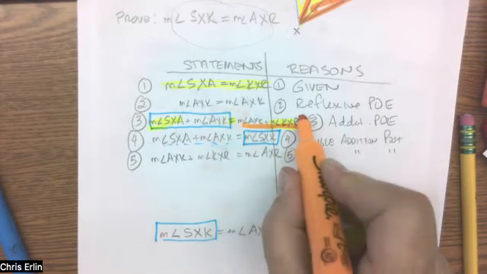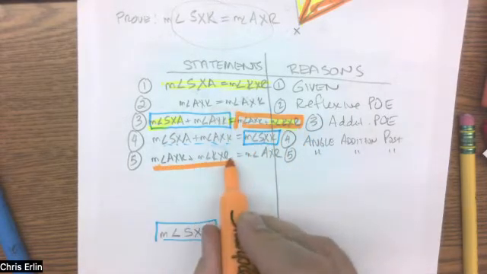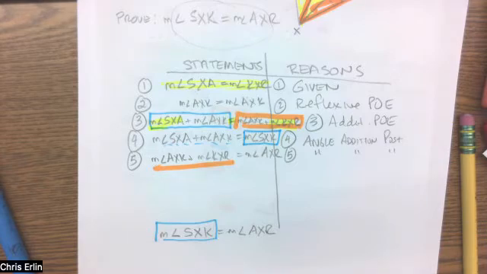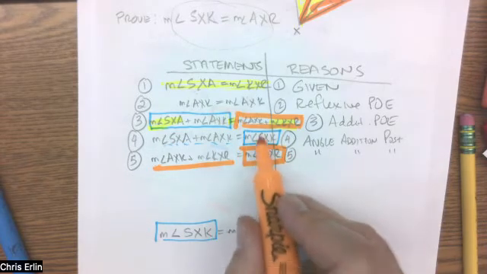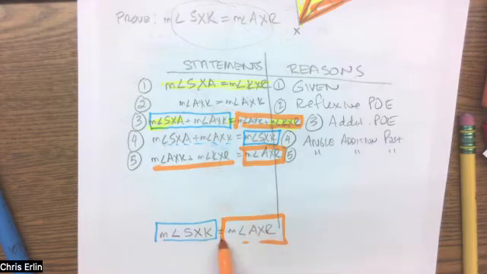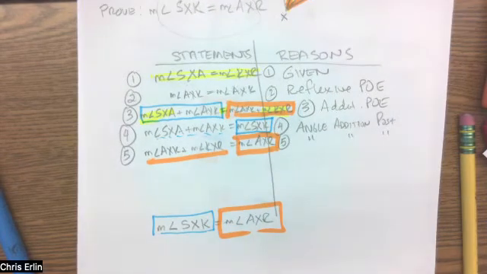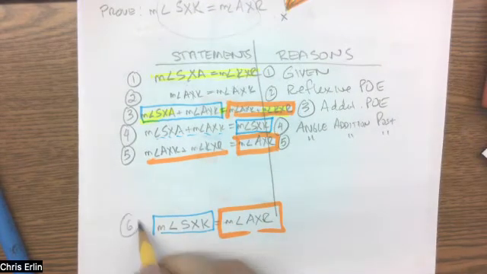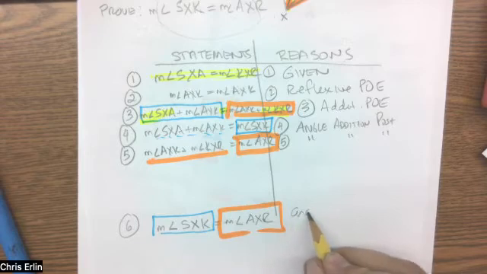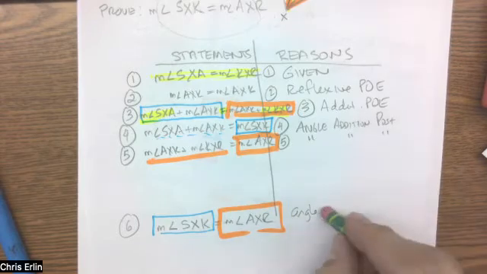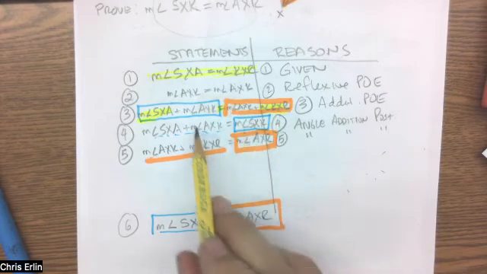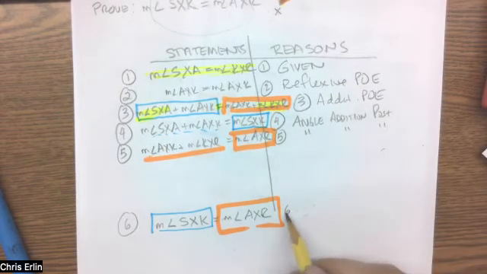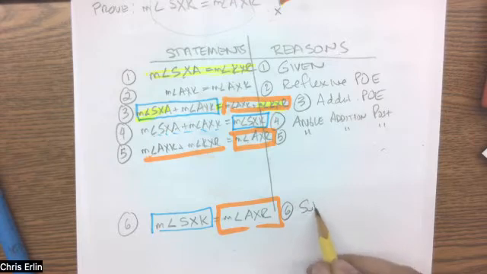And isn't this the same as this? So I can replace this in place of that. I'm done. This is my sixth step. Angle... No. What did I do? I put this in place of those and put this in place of those. What do I call that? Yeah, substitution.